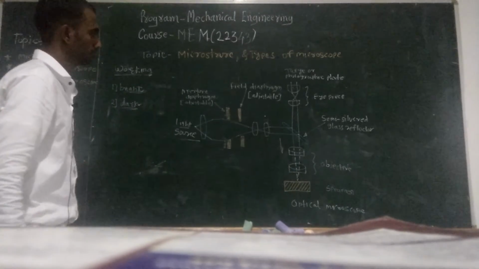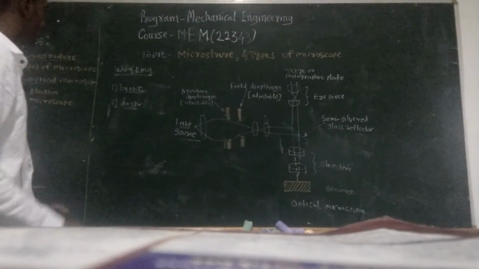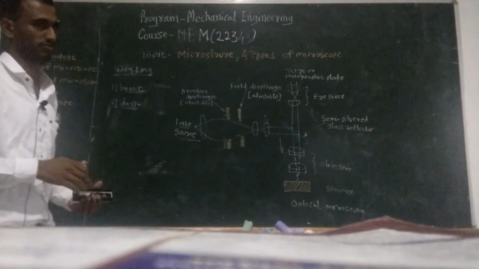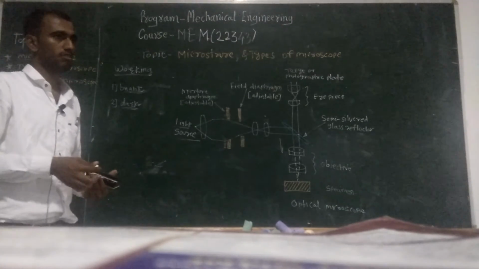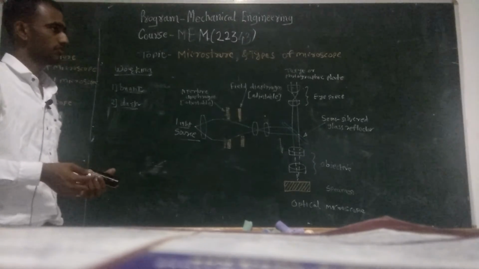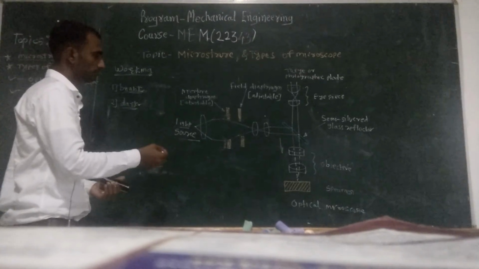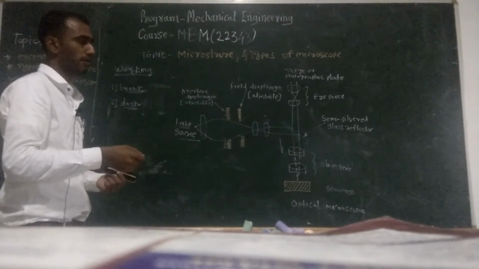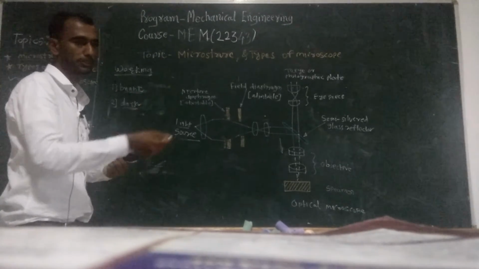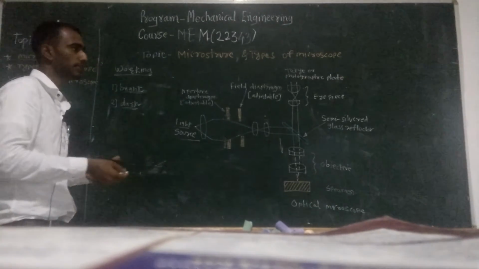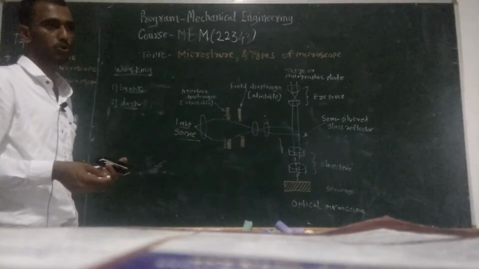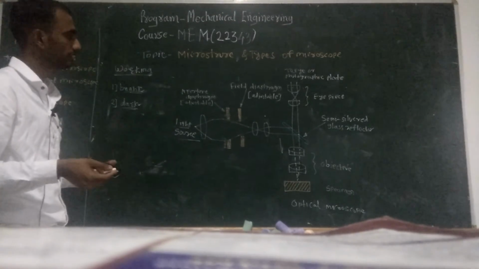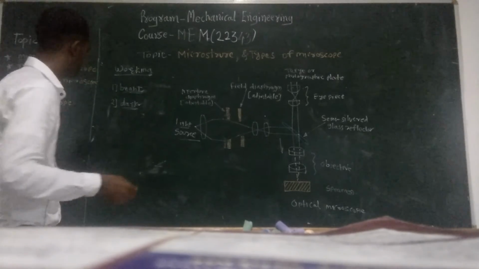Now, one more thing: the instrument which is used to observe the microstructure through the eye, where visual inspection is carried out, as well as to take photographic images, is called a metallograph.